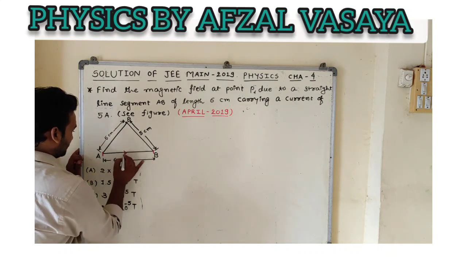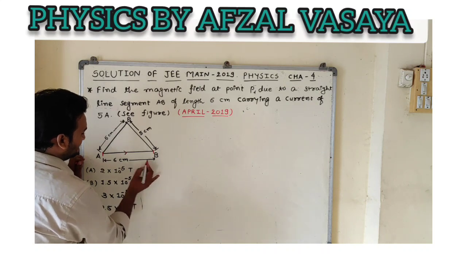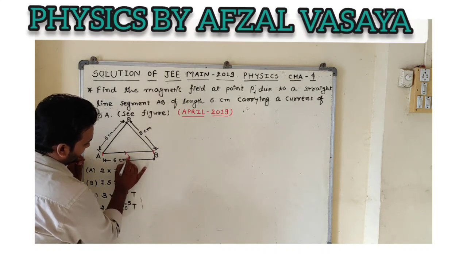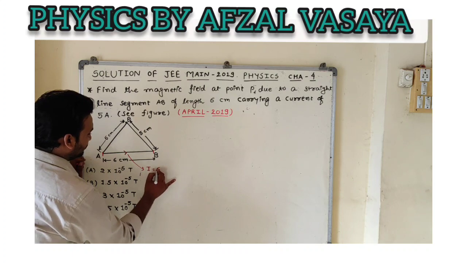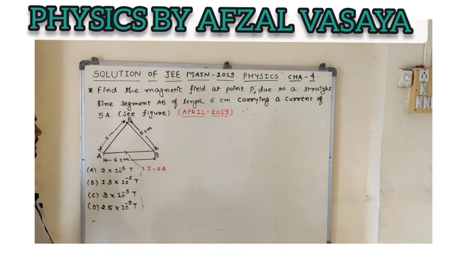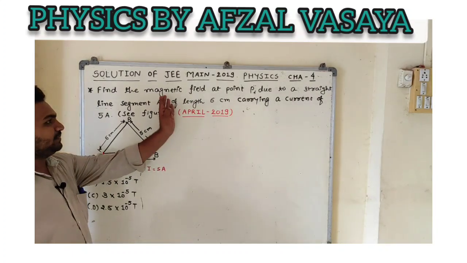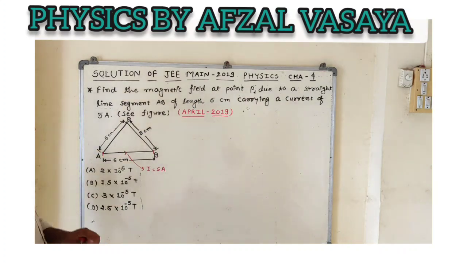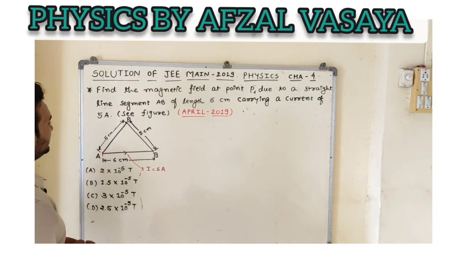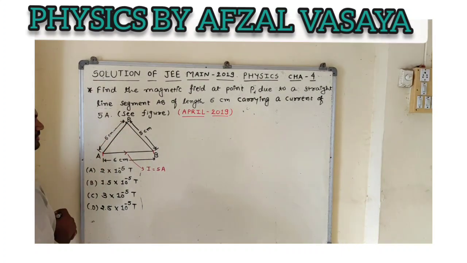So I write here I equals 5 ampere. We need to find the magnetic field at point P due to this wire. The point P is given here.